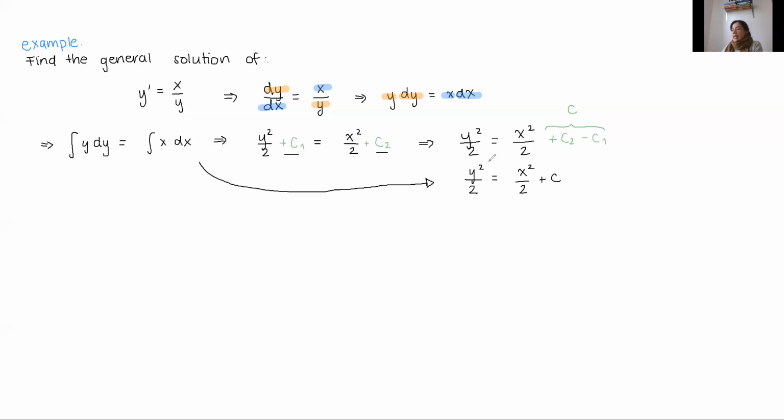Okay. So that means that I have that y squared over 2 is equal to x squared over 2 plus 2 times c. What I'm going to finish doing now is to actually try to solve for the variable y, because in this case it's not that difficult, right?